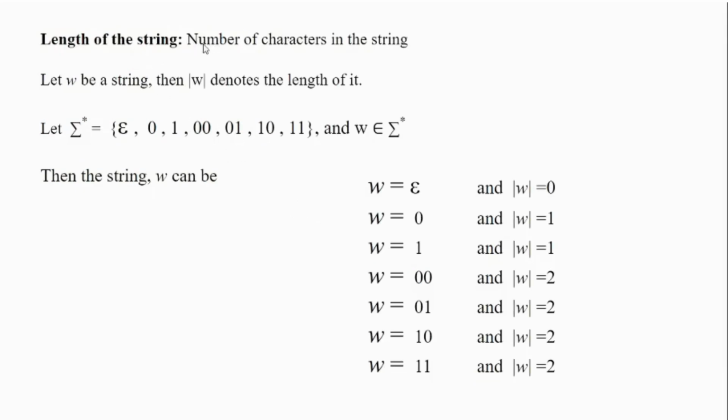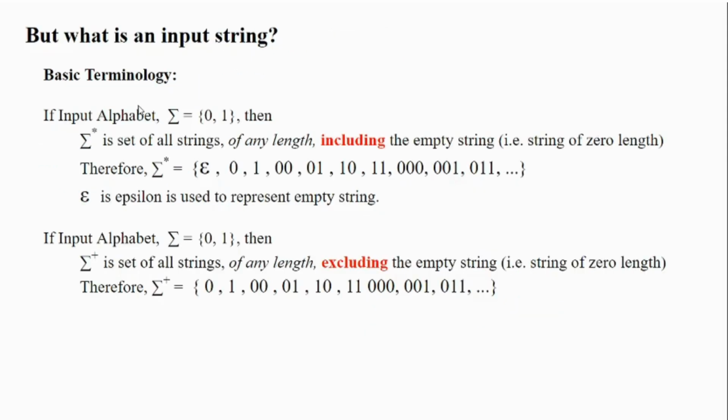So the length of the string is nothing but the number of characters in the string. So if W is a string, a string is nothing but a set of characters. So which characters? The characters given in the input alphabet. So what is a string? A string is a combination of characters of the input alphabet.